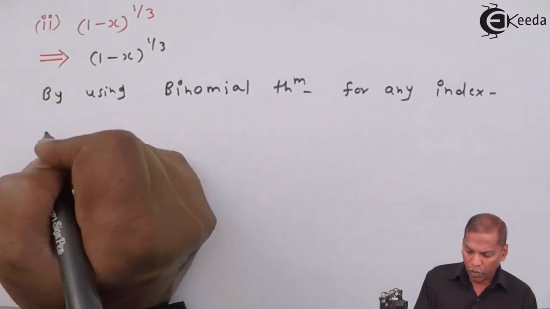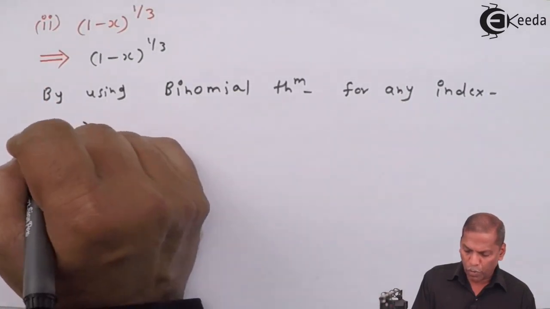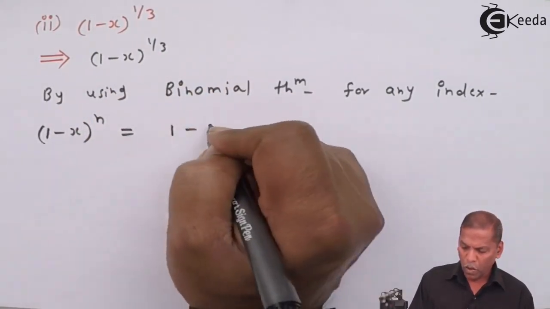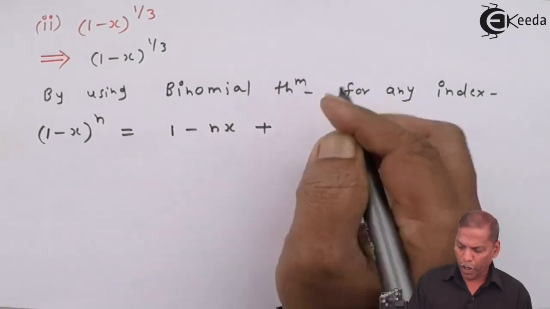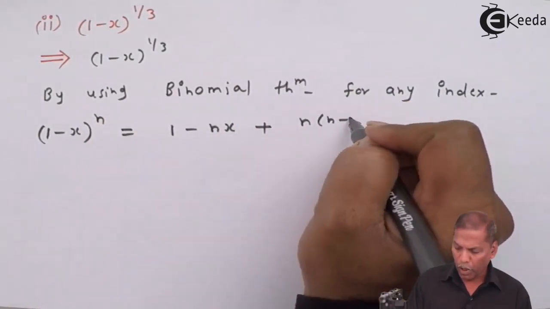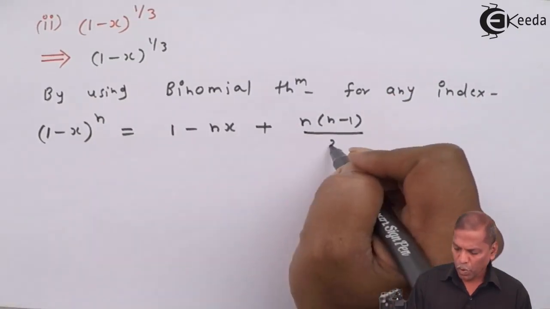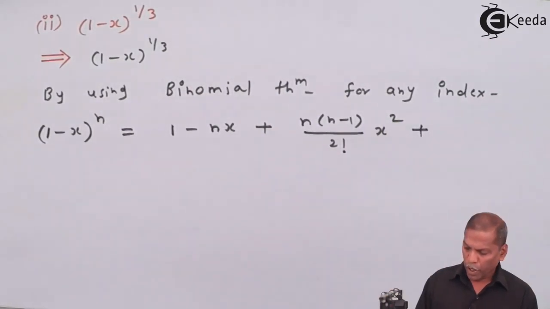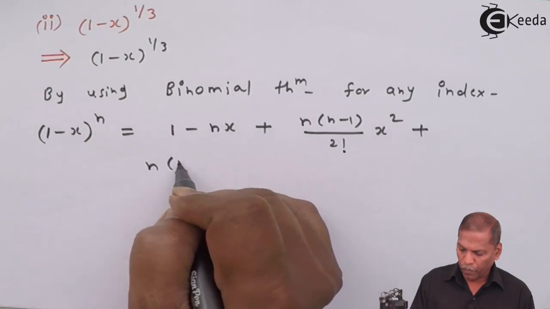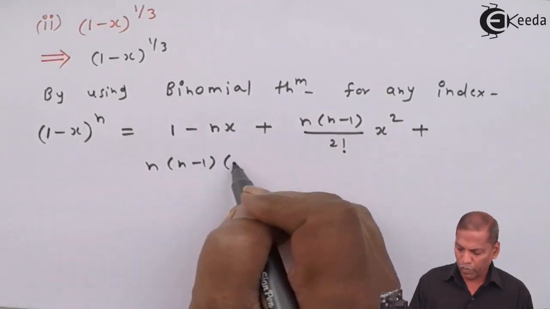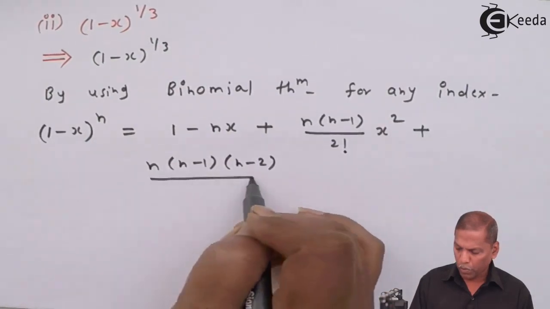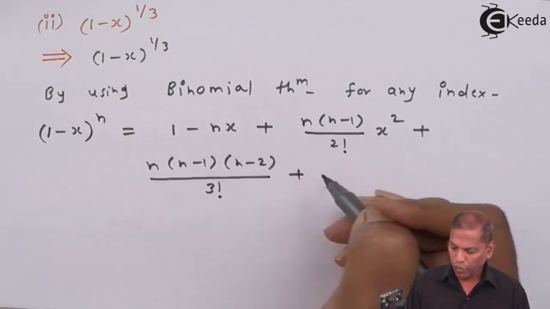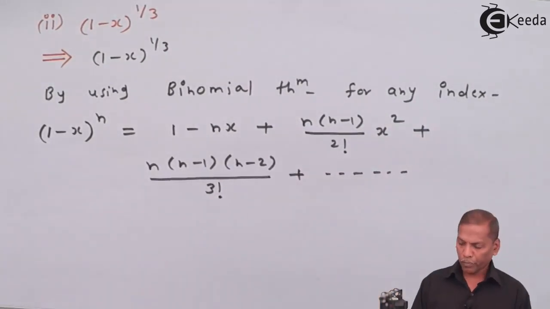so we write the formula that (1 minus x) raised to n is equal to 1 minus nx plus n into n minus 1 upon 2 factorial x square plus n into n minus 1 into n minus 2 upon 3 factorial x cube plus going on.